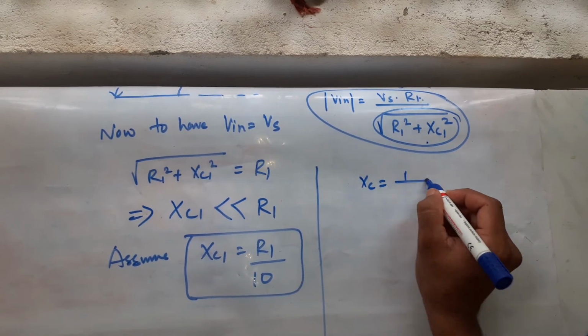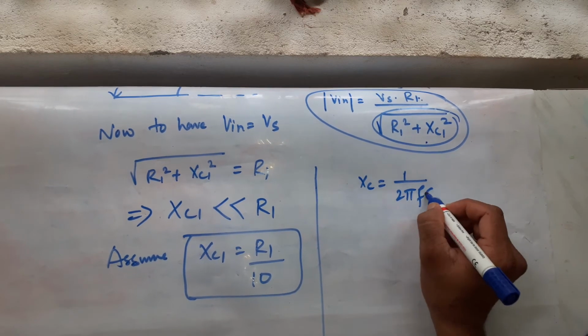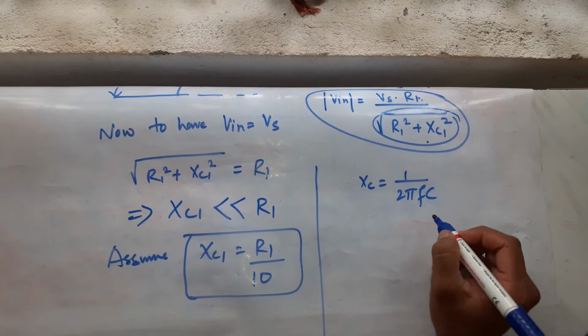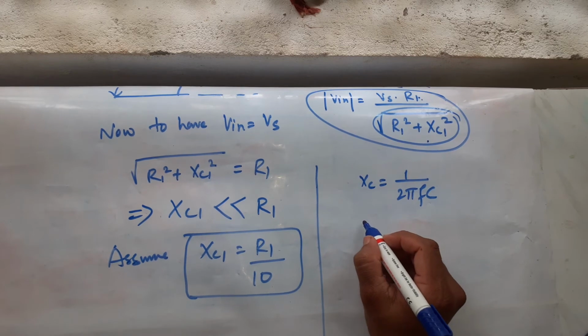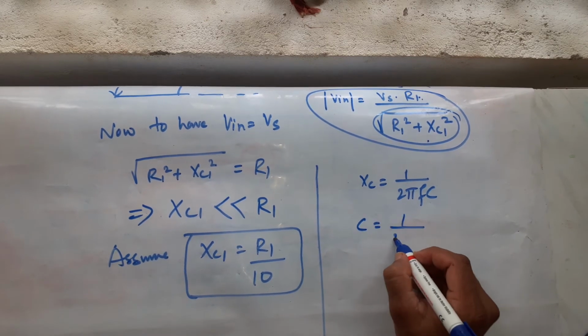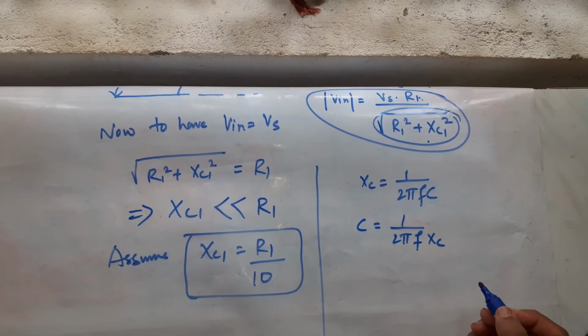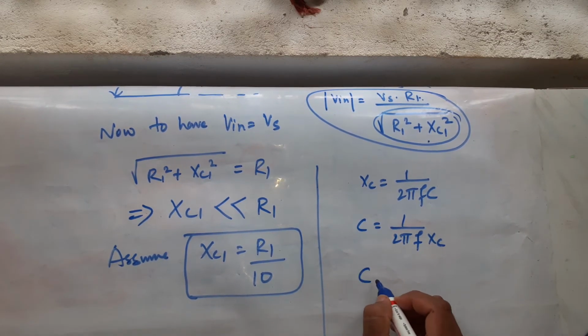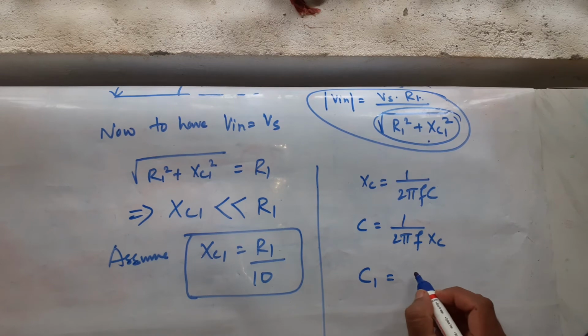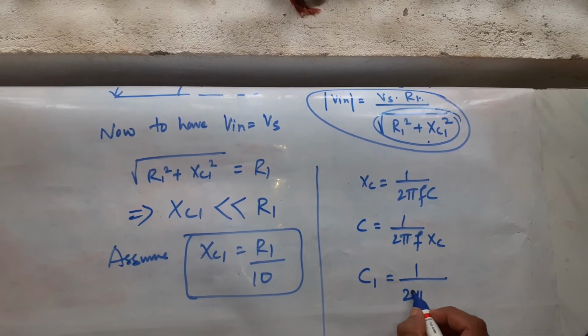Xc equal to 1 over 2 pi Fc. You already know this. Now I can also write this as 1 over 2 pi f Xc, right? So we want C1, 1 over 2 pi f.